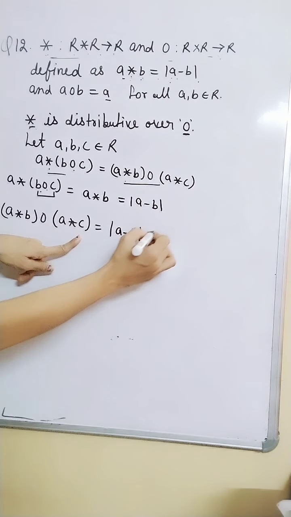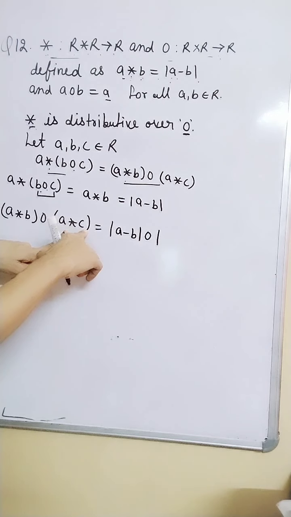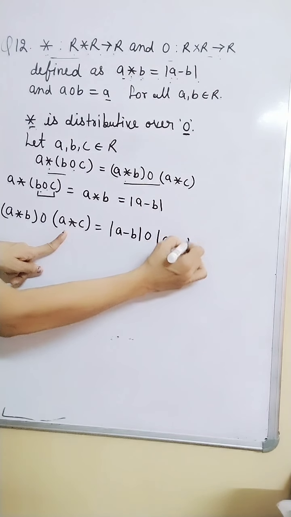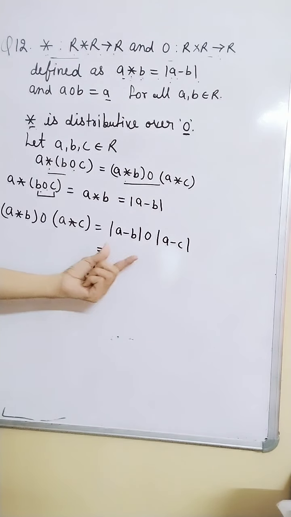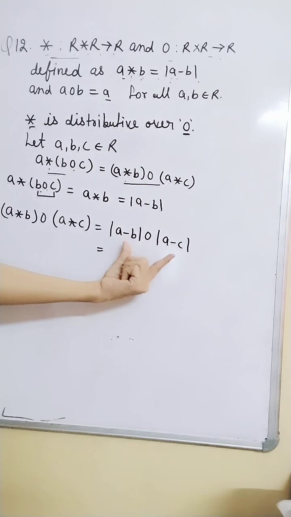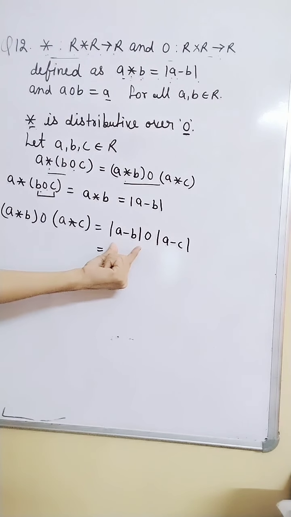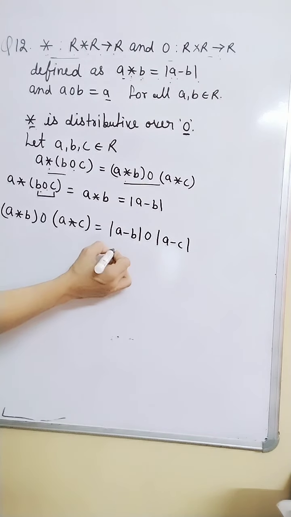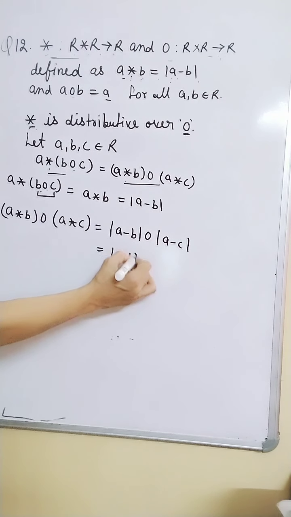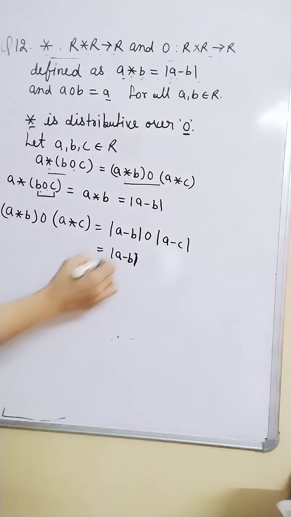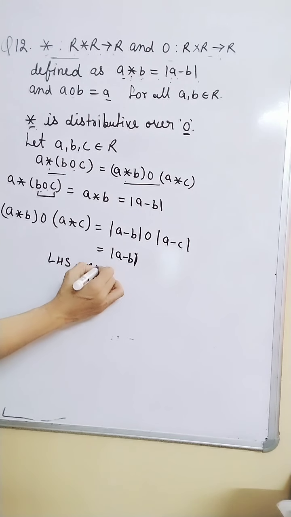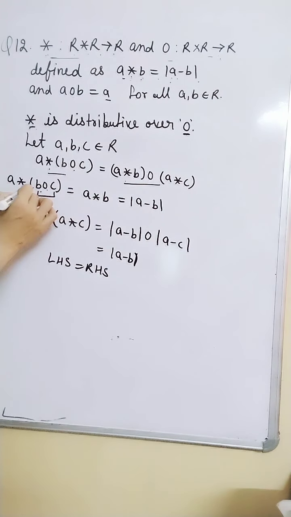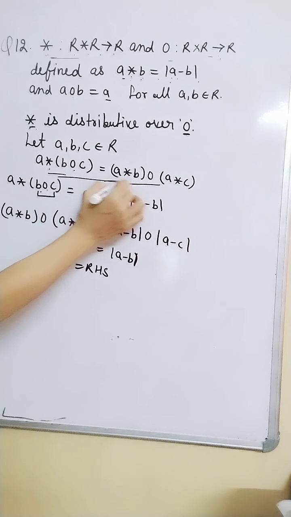A o C means A minus C. Now if we apply this operation between these two elements, this is the first element and this is the second element, so the result is A minus B. So what we are getting here is that the LHS is equal to the RHS. This is true, right?